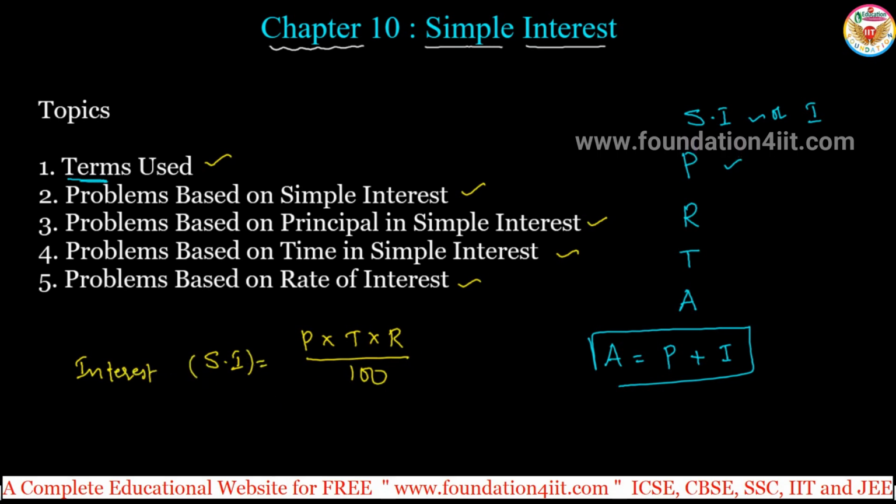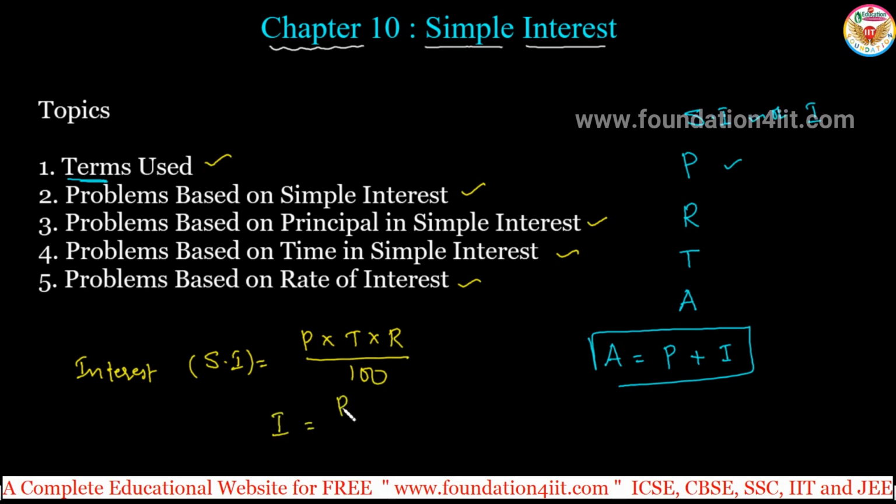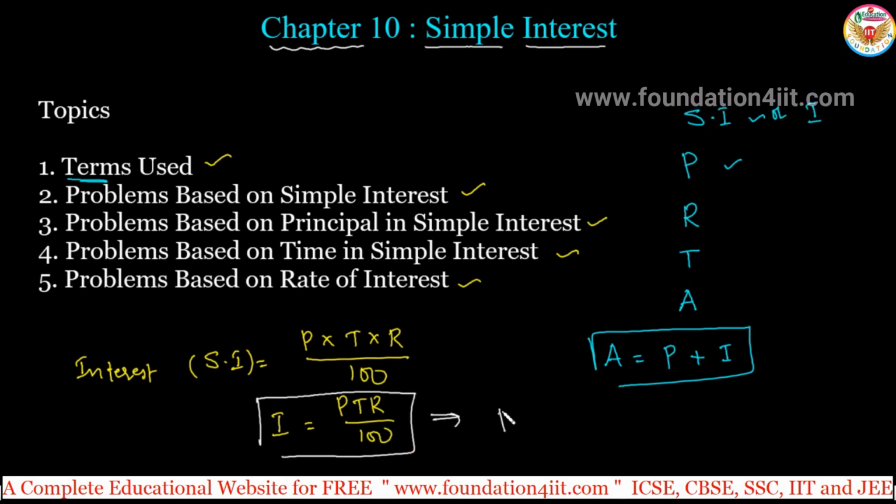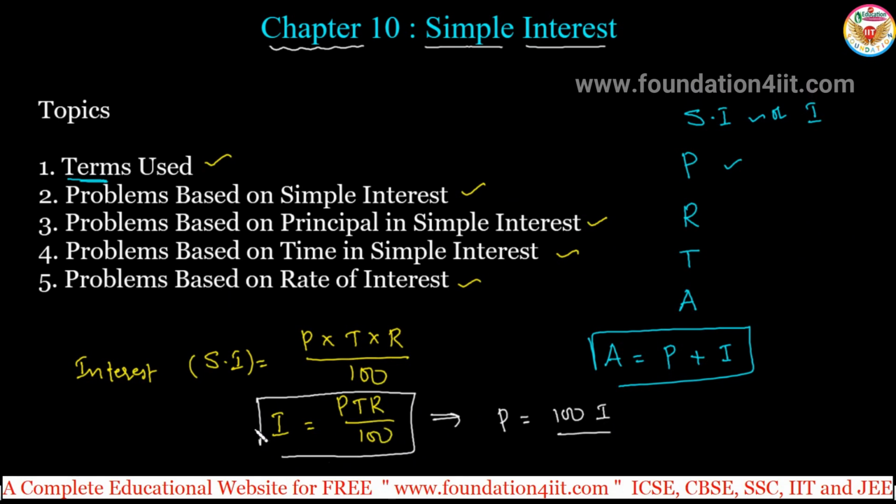Now based on this, SI is equal to PTR by 100. I just take it as I, nothing but interest. I is equal to PTR by 100. From this formula we can find out principal, time and rate of interest separately. If you want only the P value, 100 into I by TR, that is, P is equal to 100 into I divided by TR.